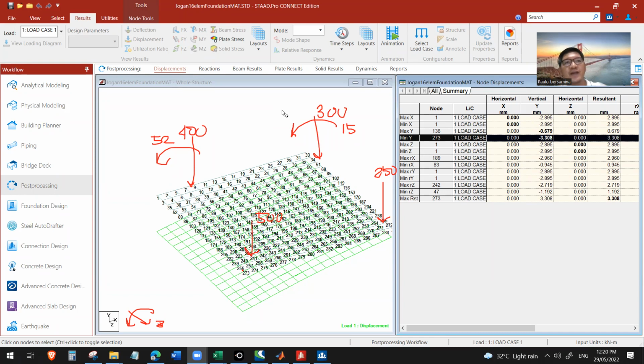So you can still lower your subgrade modulus to satisfy the 10 mm, it depends on you. I have my subgrade modulus and my assumed displacement, supposedly from the geotechnical engineer, and then this is my settlement. That is what you check: with your assumed bearing capacity and subgrade modulus, you should satisfy the assumed settlement.